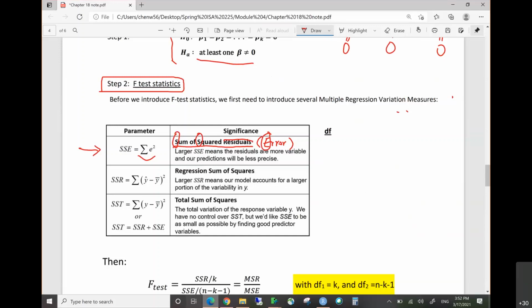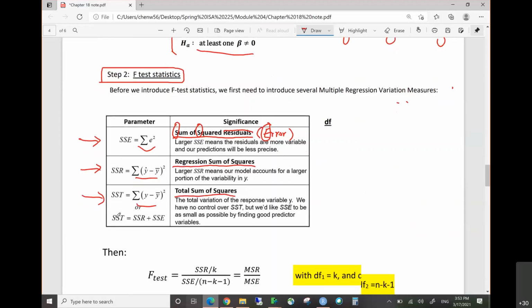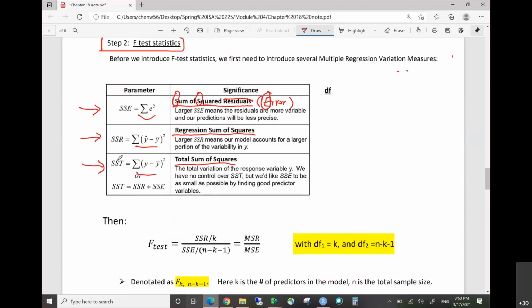The next one is called SSR. What is SSR? SSR is the sum of squares for the regression. And one more, SST, is the total sum of squares. Here are the formulas. I will not ask you to calculate these formulas. I just need you to know what SSE, SSR, and SST are. All three are sums of squares.